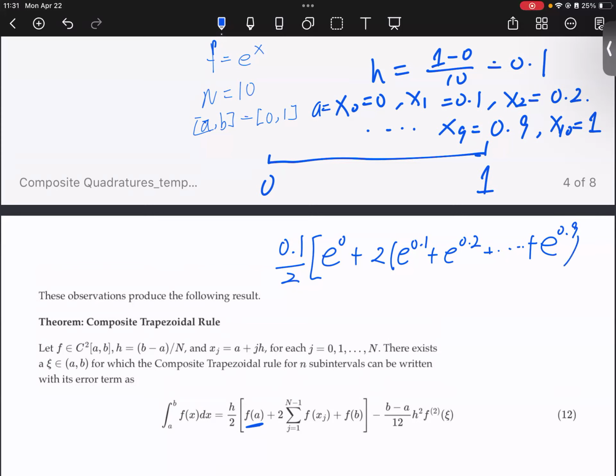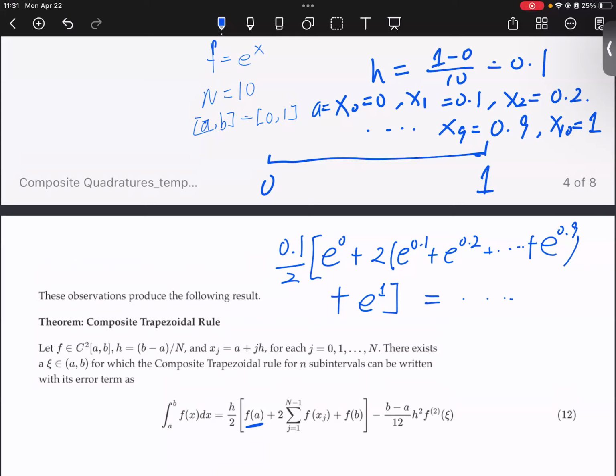We also have the right endpoint, which is exponential 1. And you need to use your calculator to calculate this value, and that's your final answer. Does that make sense?